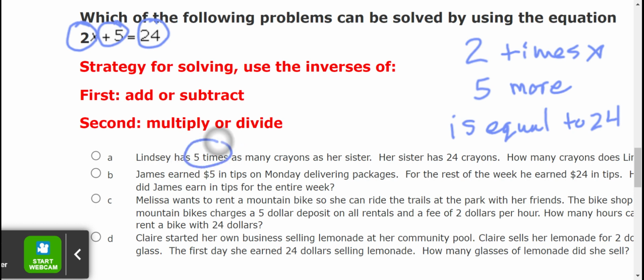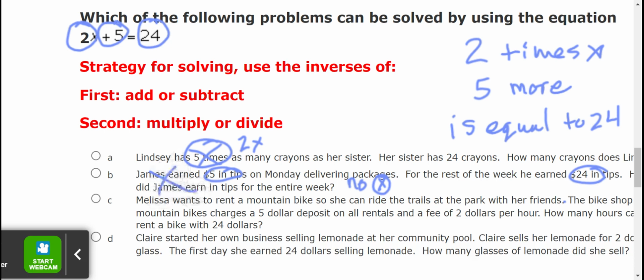So right here we look at Lindsay. It says 5 times. We need 2 times. So looking at here, $5 in tips. For the rest of the week, she earns $24 in tips. So this one, there's no multiplying. There's no times in this problem. Okay, so looks like we can't use that.